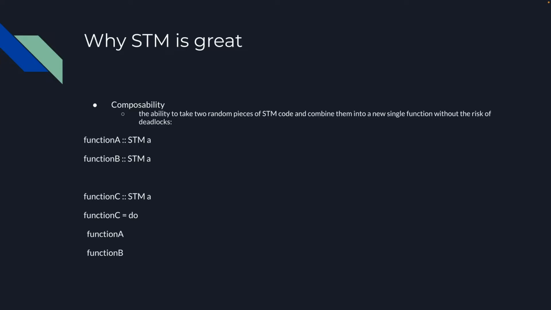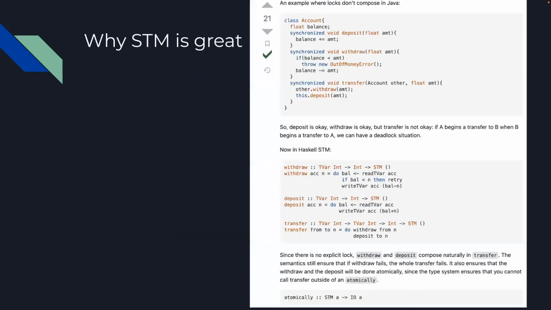When I was looking for more examples, I found this great Stack Overflow post where they write simple code both in Java using Java's synchronized primitive and in Haskell using TVars. You can think about withdrawing and transferring from an account, and you can write two synchronized methods for depositing money or withdrawing money and then transferring money, but that transfer is not atomic in Java synchronization with basic non-STM tools.